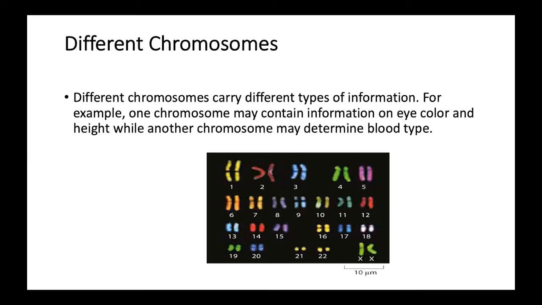In the cells, different chromosomes carry different types of information. For example, some of the chromosomes may contain information for our eye color, while some other chromosomes are able to determine blood type or even gender.